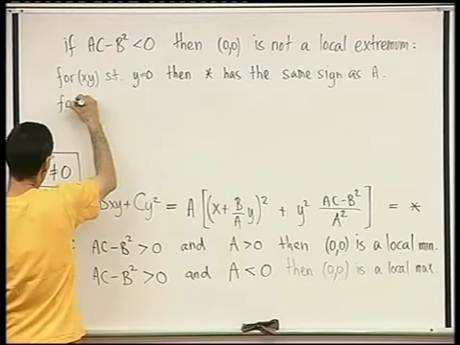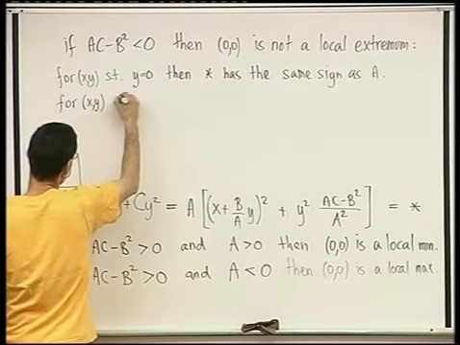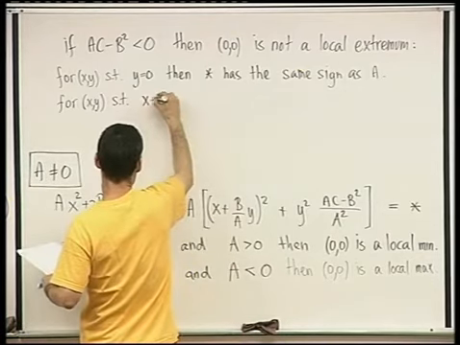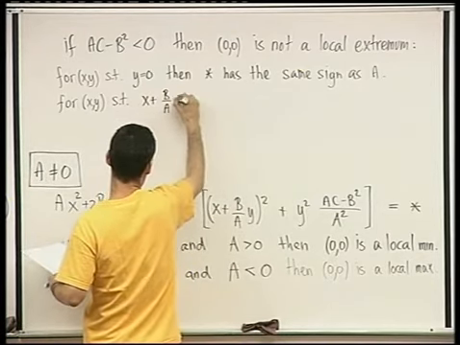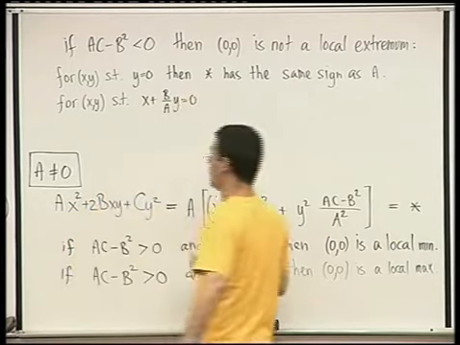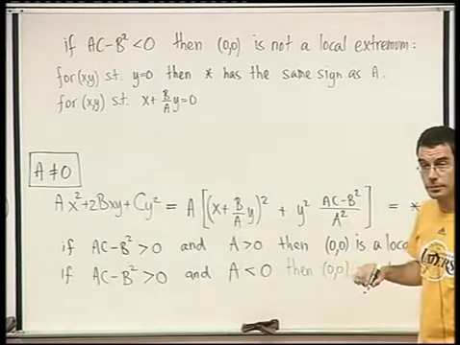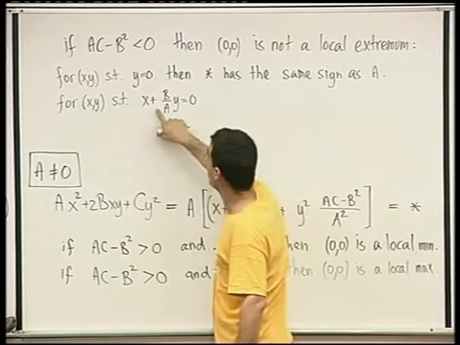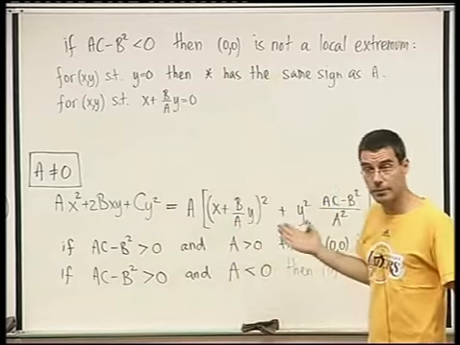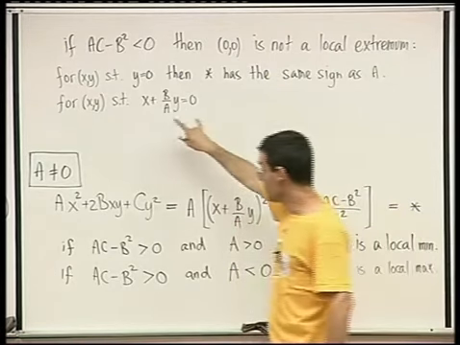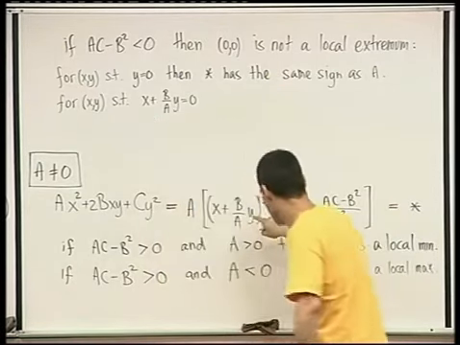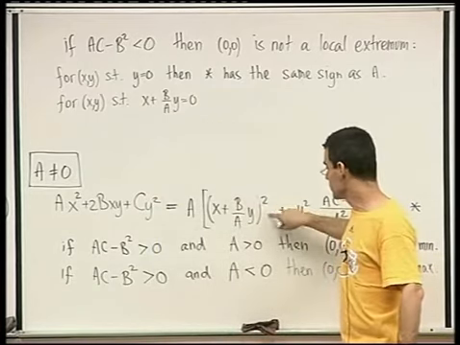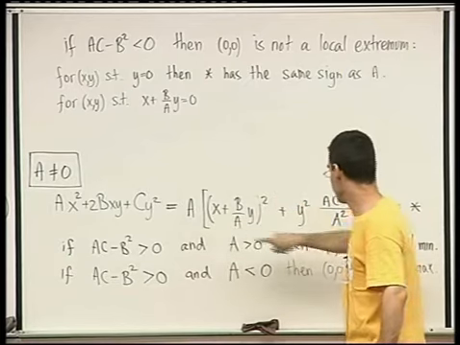Now for points x, y, such that x plus b over a y equals 0, these are legitimate points, right? You can write that x equals minus b over a y. So for these specific points, what do we have? This thing is 0 now, so this entire thing is 0.